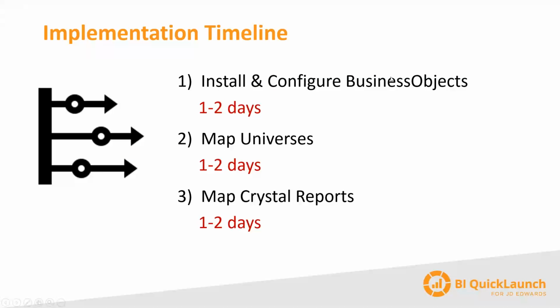Okay, so the implementation timeline. Normally to get BusinessObjects installed and configured takes about a day or two, typically run on a virtual server. We follow the best practices around that, and get your users, groups, and folder structure in place. Then mapping the universe takes 1 to 2 days, and the same with the report templates and samples.